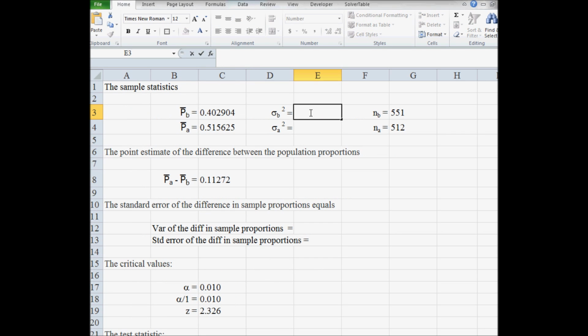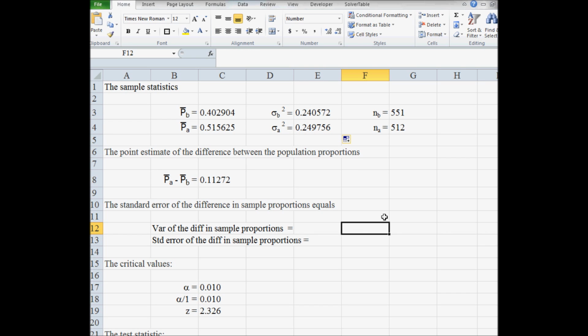So the variance of the underlying variable for before is the corresponding p-bar times 1 minus that p-bar. And the cool thing about Excel is I can calculate the after variance by simply double-clicking on the lower right-hand corner of the cell.